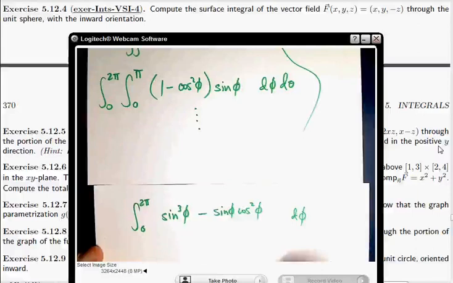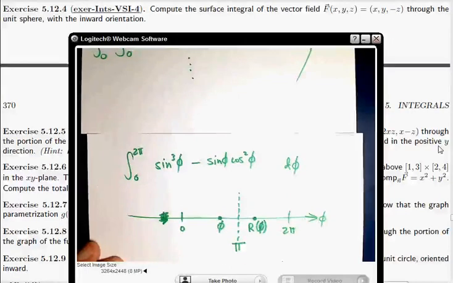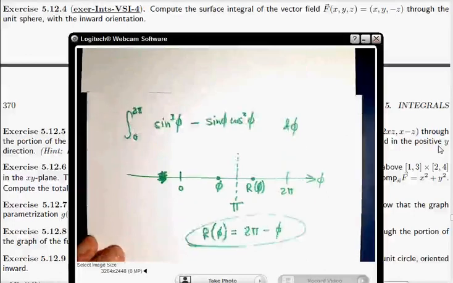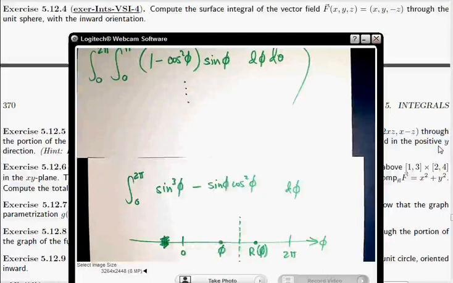If that's 0 and if that's 2 pi, the symmetry line is here at pi. So if that's phi, then here's the reflection of phi, and r of phi is equal to 2 pi minus phi. So you have to persuade yourself that when you plug this formula into these functions, they really do go negative, and they do.